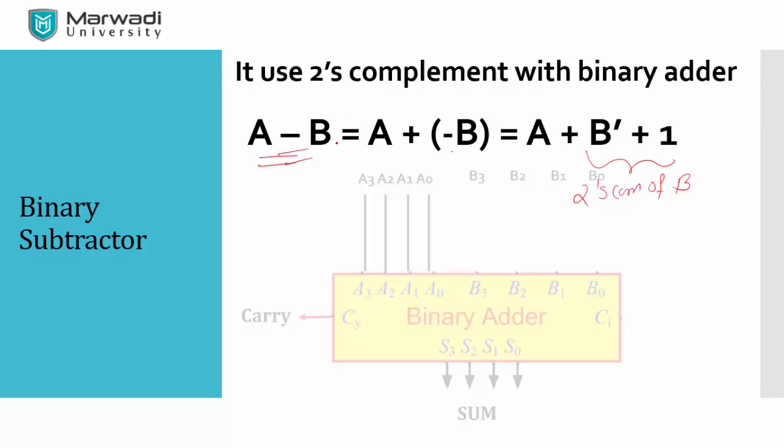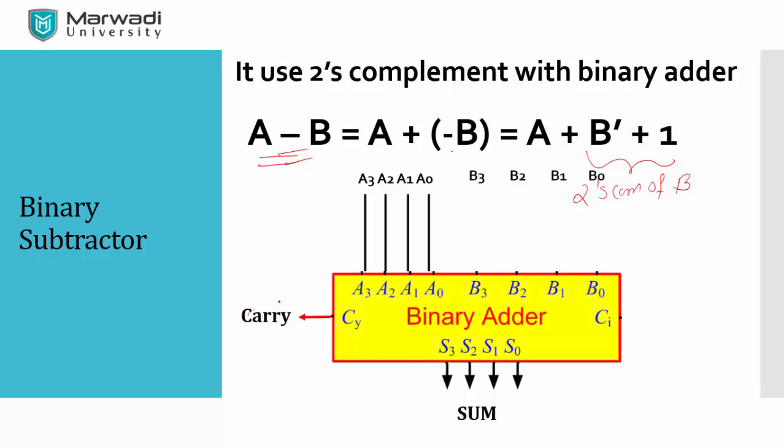Now take the example of an adder. Here I have a 4-bit adder with carry. I need to do the addition of A0, A1, A2, A3. Here I have B0, B1, B2, B3. But what I need is B3 bar, B2 bar, B1 bar and B0 bar.